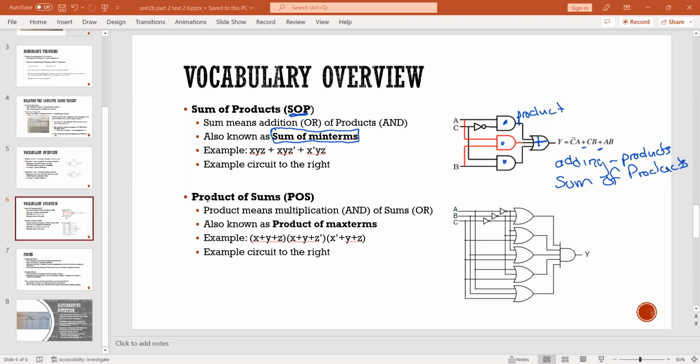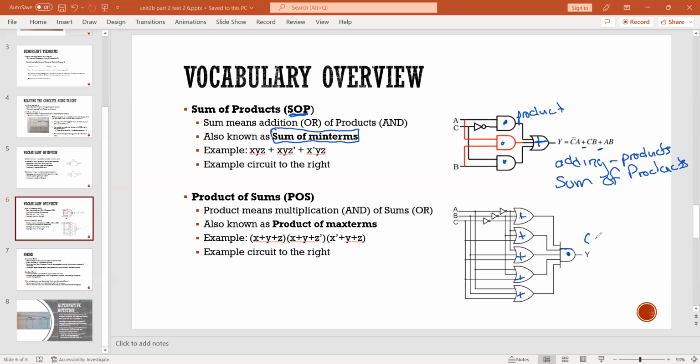So then you have what they call the product of sums. So if you come over here and you see that they can be a different amount of gates, right? So these are all OR gates. So these are all adding their terms together. And then you can figure out which each one of these is. But when it goes out here, this will be multiplication. So you will end up multiplying these sums.